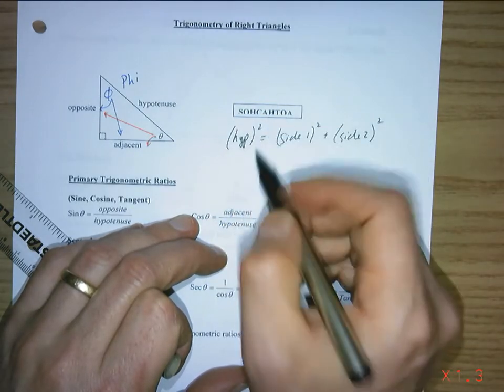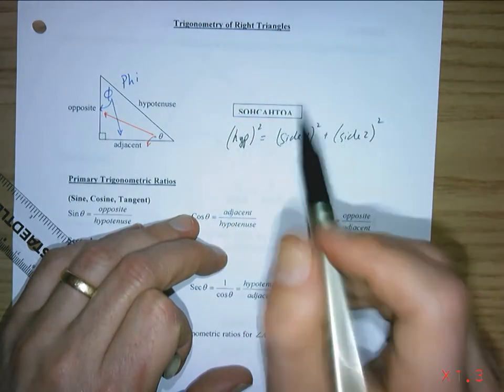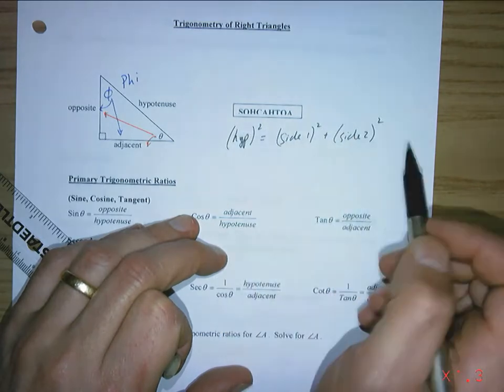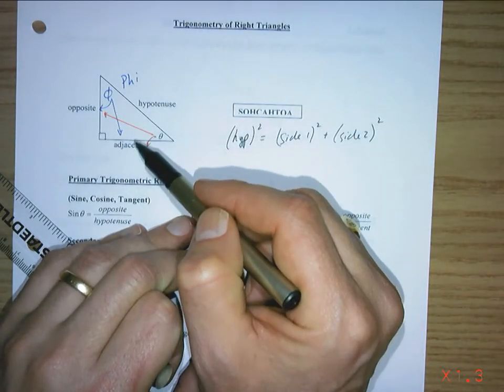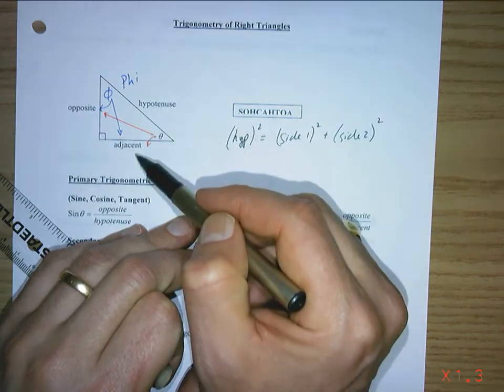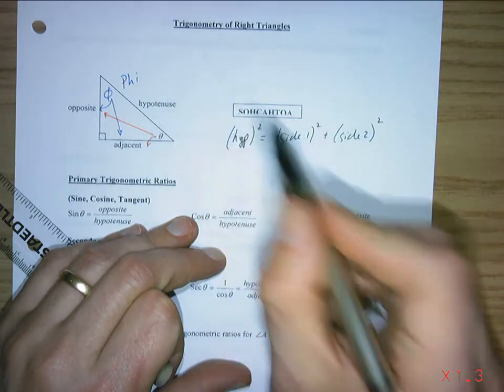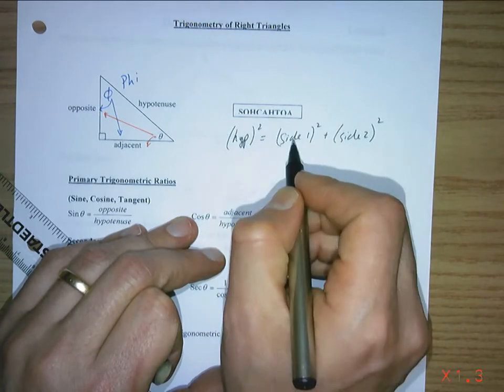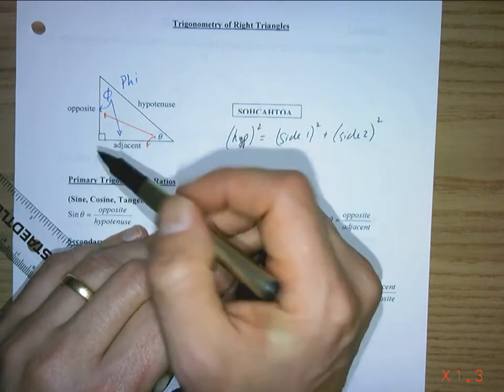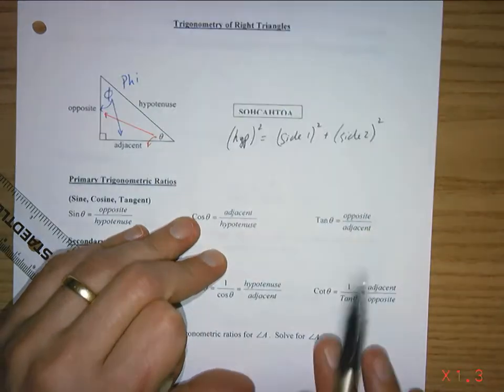You probably know it as a squared plus b squared equals c squared. The problem is, what if I goof it up and I happen to label c as one of the sides and not the hypotenuse? So I think it's important that you realize that it's the hypotenuse squared equals side 1 squared plus side 2 squared.